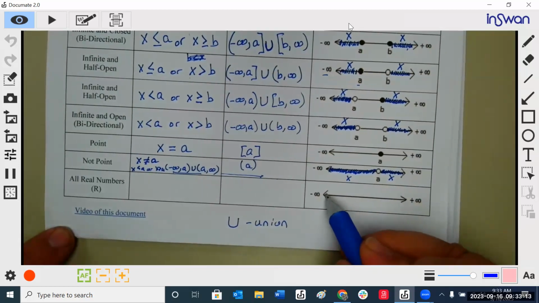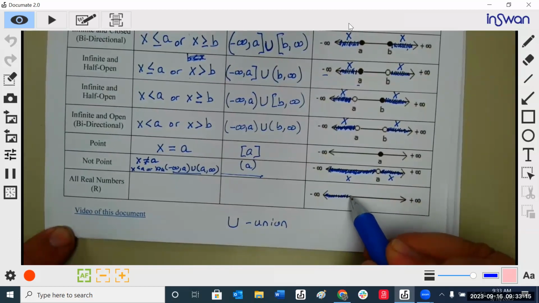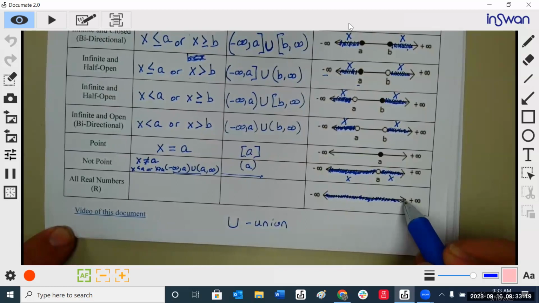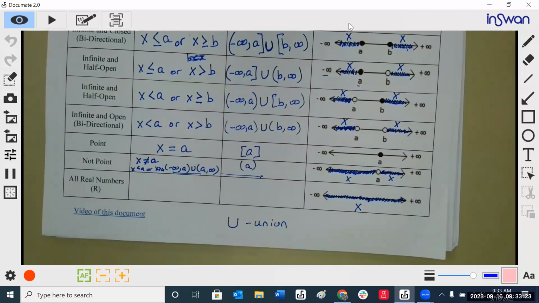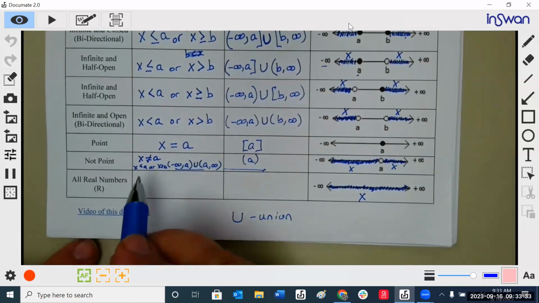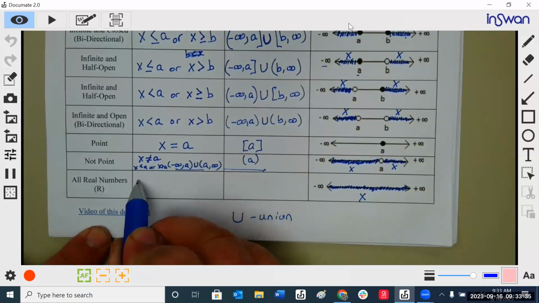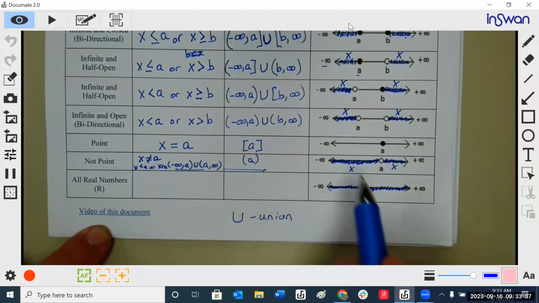Now the last one. It's everything. It's all real numbers. With this, let's look at the interval.